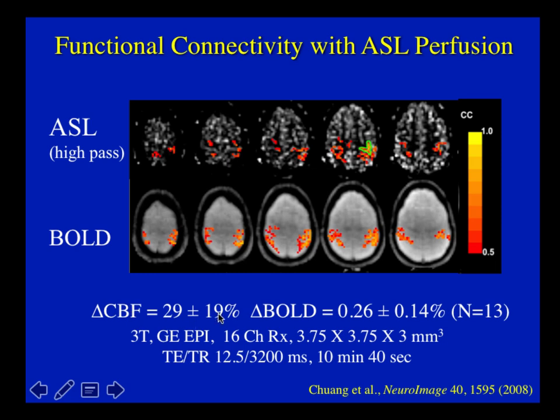In this case, we measured about 30% changes in blood flow compared to the resting state in the motor area, and the corresponding BOLD signal changes were about 0.3%. So the disadvantage here is these perfusion experiments are less sensitive compared to BOLD. So therefore, unless you really are interested in quantifying the signal changes, then you're better off doing BOLD rather than perfusion.